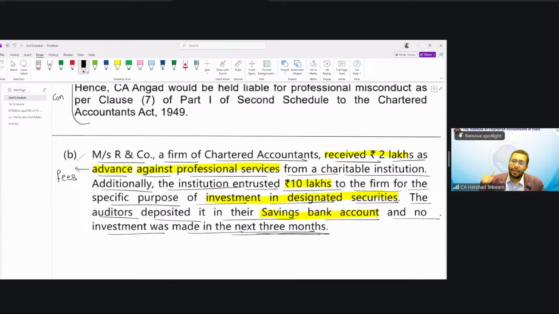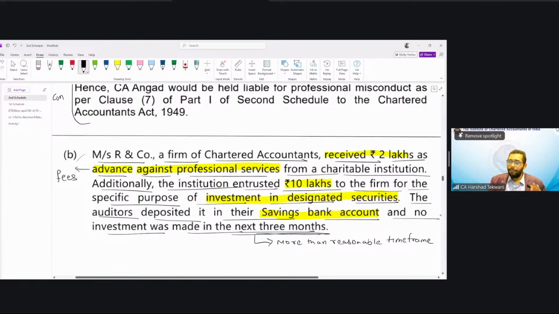So 3 months is a very long duration, and I will say it's more than a reasonable time frame. Based on the given question, it's more than the reasonable time frame, and it was deposited in the savings bank account.